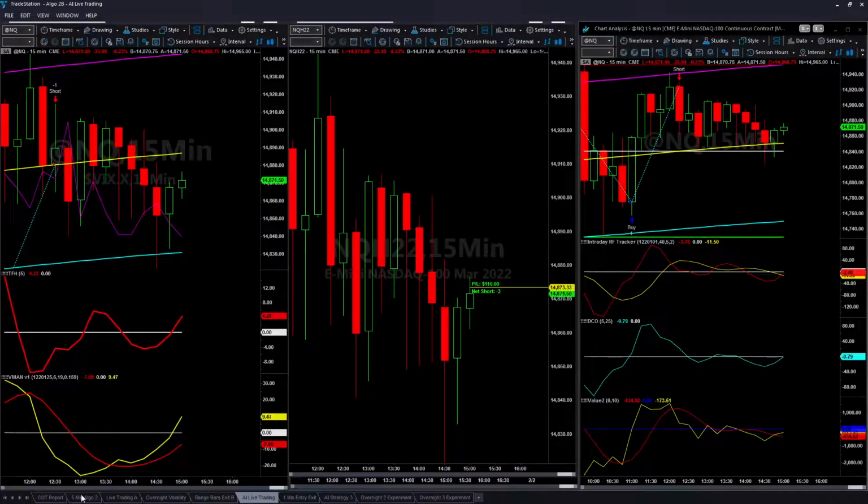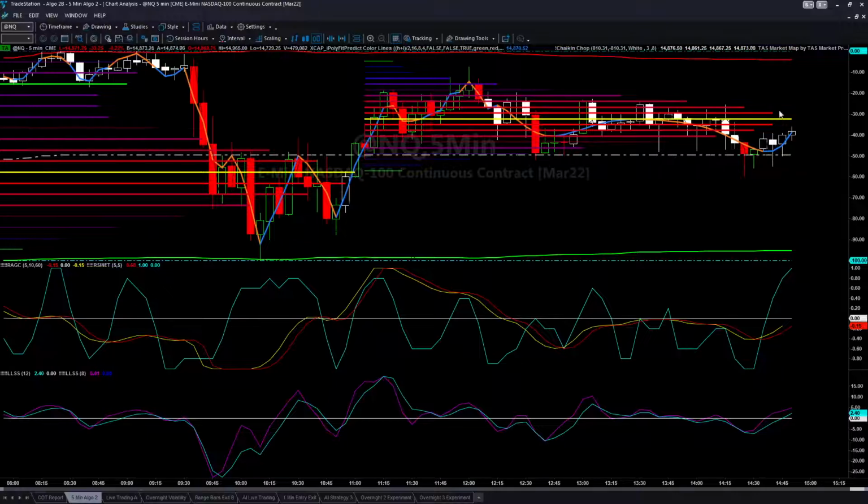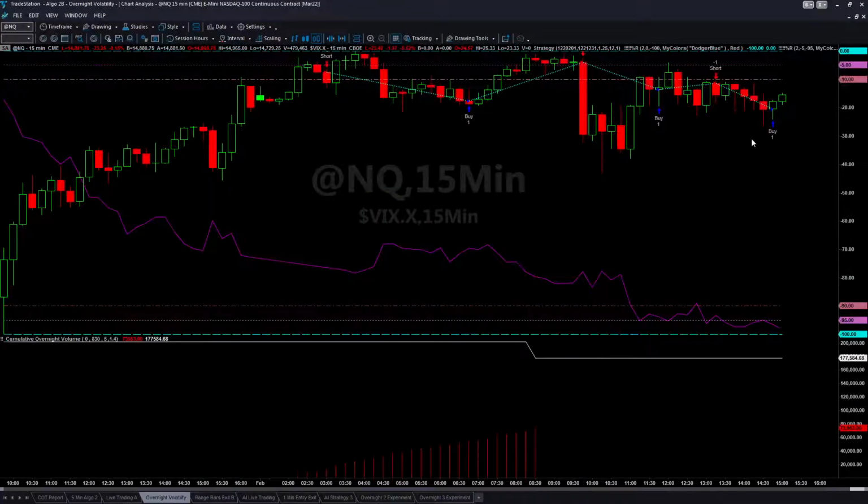We are still in our lovely consolidation zone here with a very nice upward move there. Look at that. Caught that upside right there. Perfect.